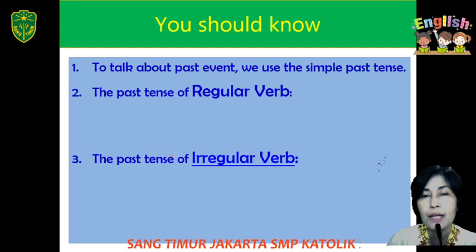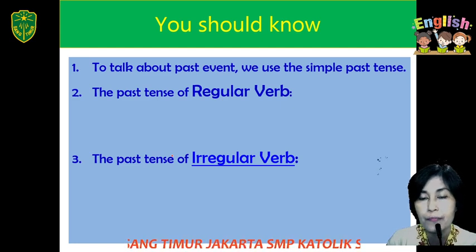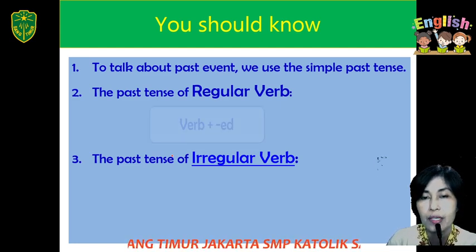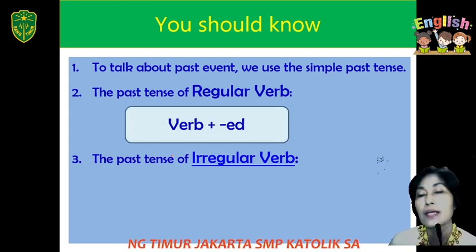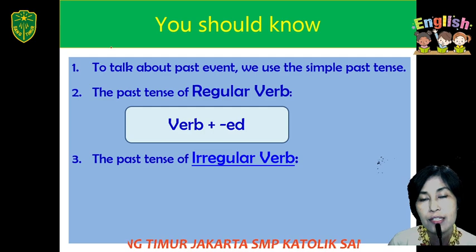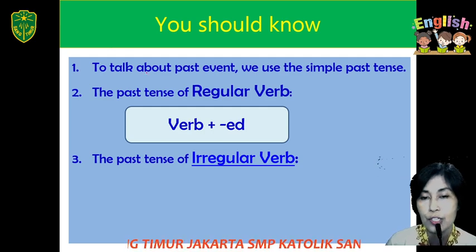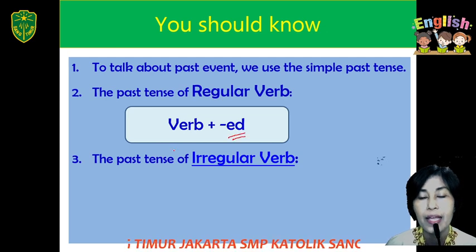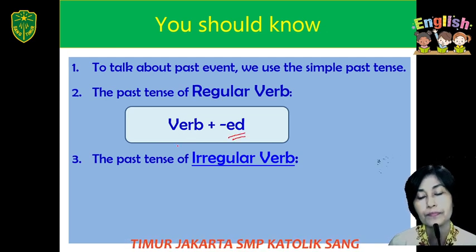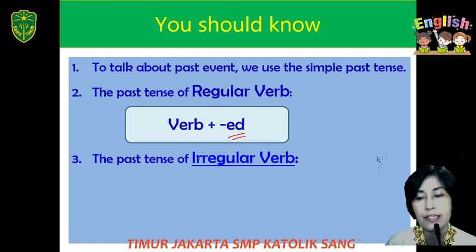There are two types of verb, regular and irregular. In regular form, it means that you change the verb into the past tense just by adding ed at the end of the verb. Here is the example.